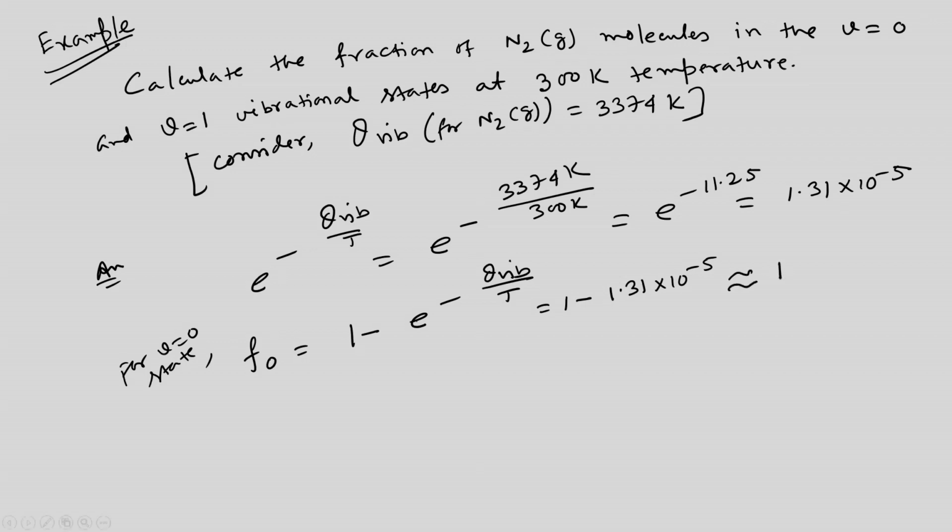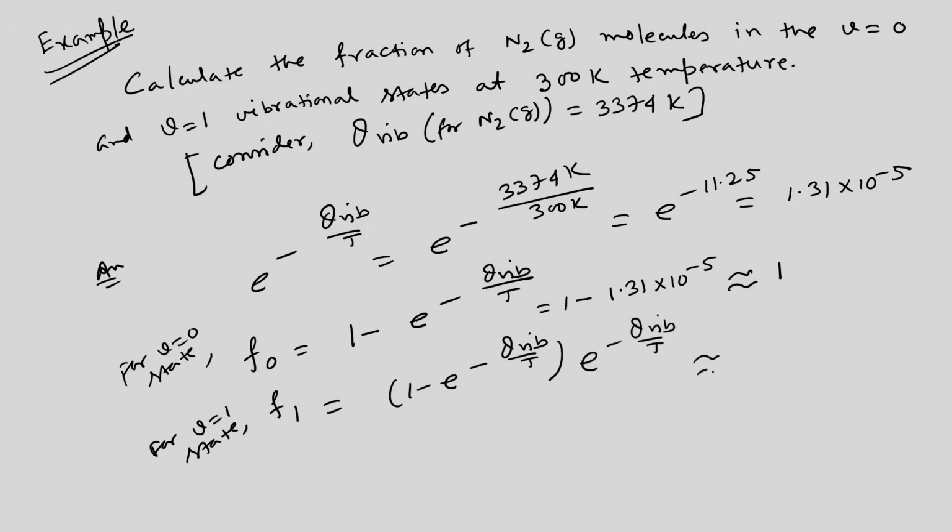So, almost all molecules are present in the v equals 0 state. And what about the v equals 1 state? The fraction f1 is 1 minus e to the minus theta vibrational by T times e to the minus theta vibrational by T. So, you get 1.31 times 10 to the minus 5. So, at room temperature, 300 Kelvin, almost all molecules are in the ground vibrational level.